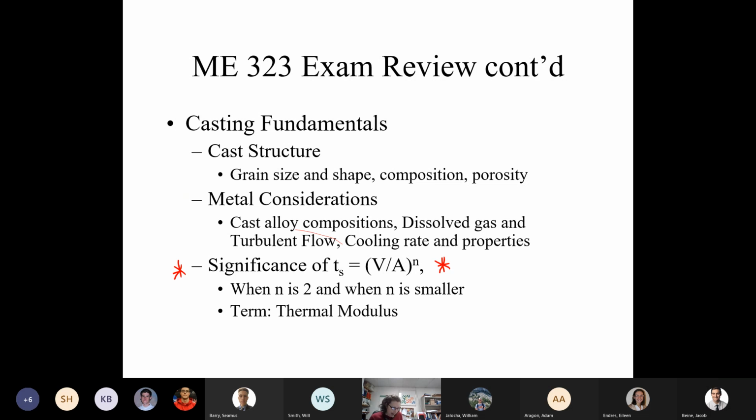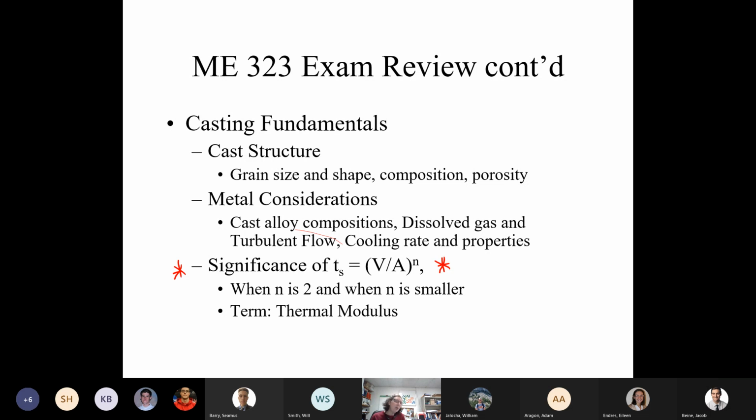On an exam, while I am confident that all junior and senior ME students can calculate the surface area of various shapes, sometimes in an exam, boxes get an interesting number of sides. So I will not have you calculate any volume or surface area.